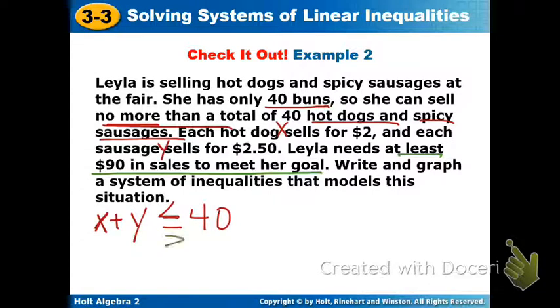So it's greater than or equal to 90. Her money value for hot dogs is $2, so that would be 2x. And the spicy sausages she sells for $2.50, so that would be 2.5y. Get that in. All right, so we're going to solve both of those for y.